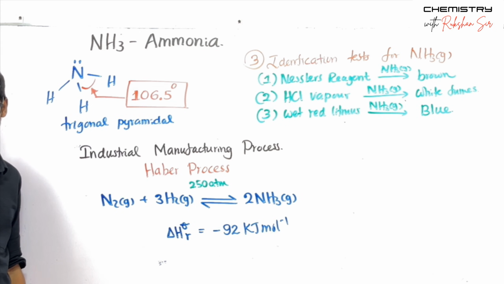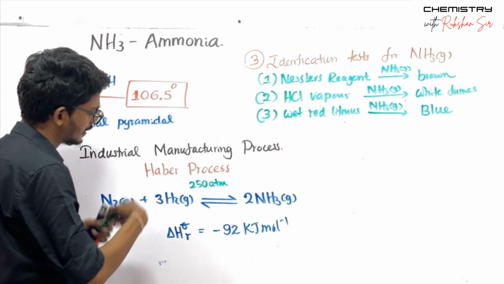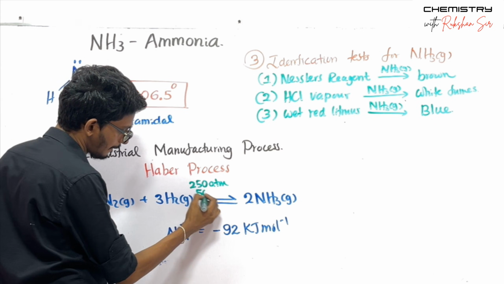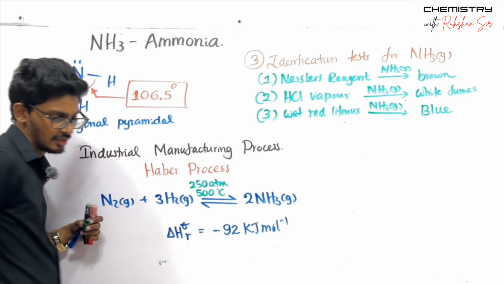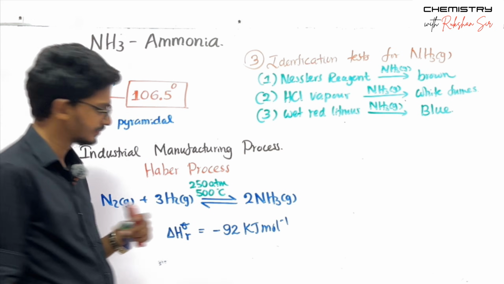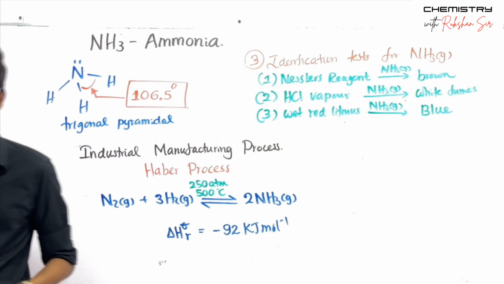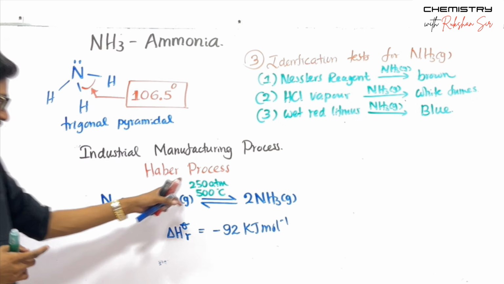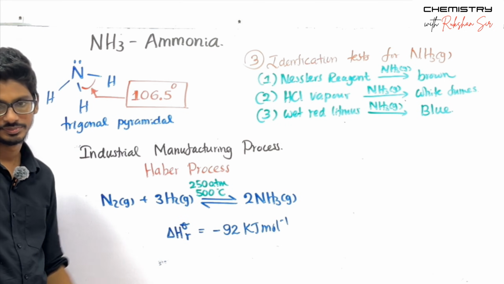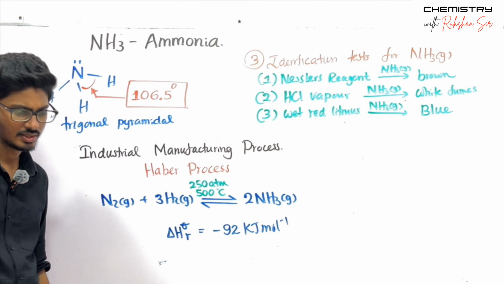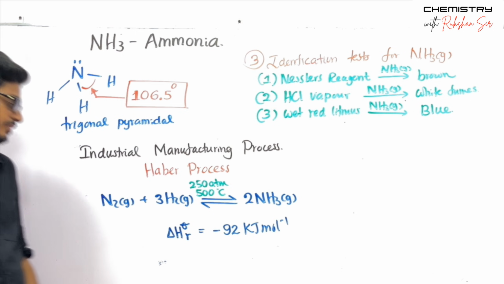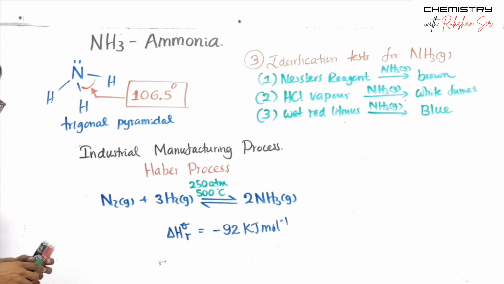450 to 500 Celsius is needed, and 200 to 250 atm is needed. Some extreme conditions are needed to do this reaction, and some catalyst as well. Ferrous and ferrous oxide catalysts are needed.